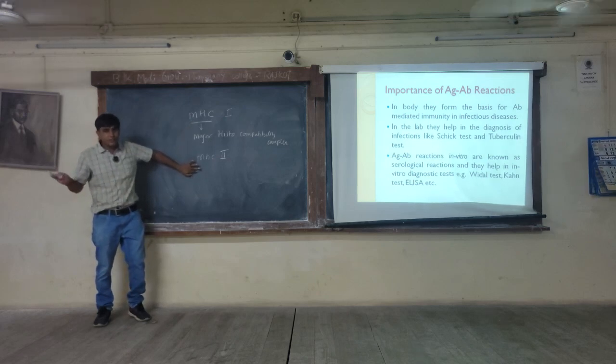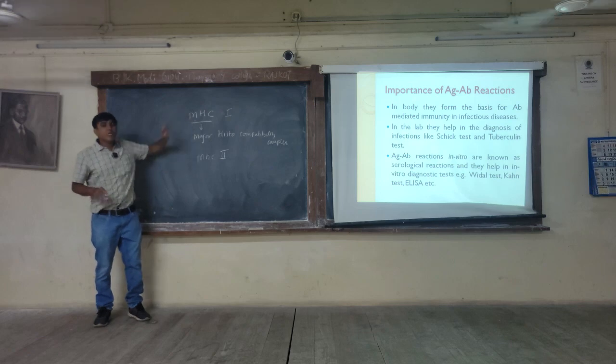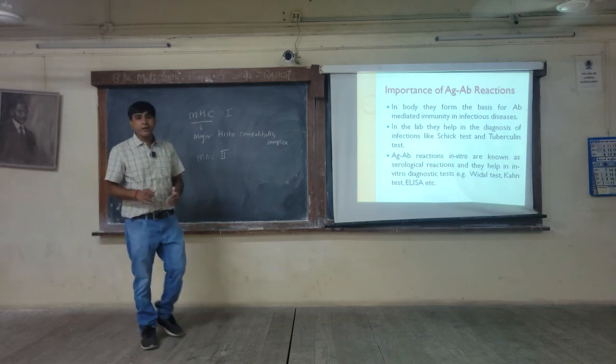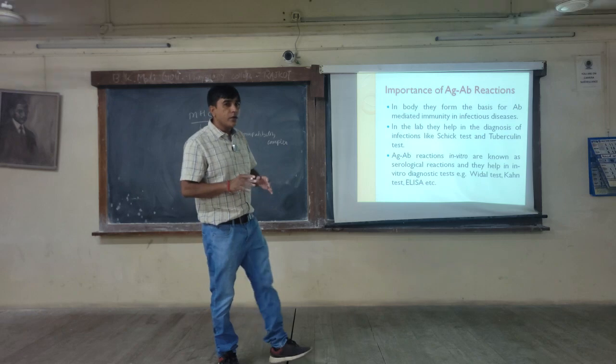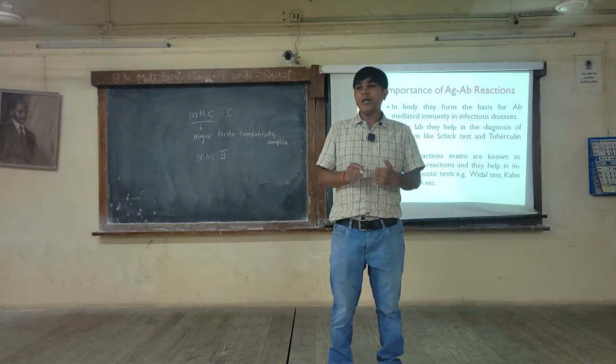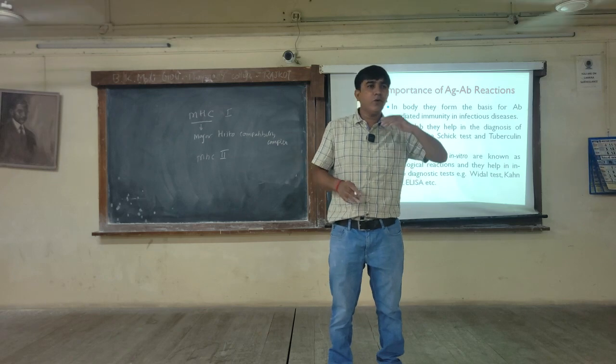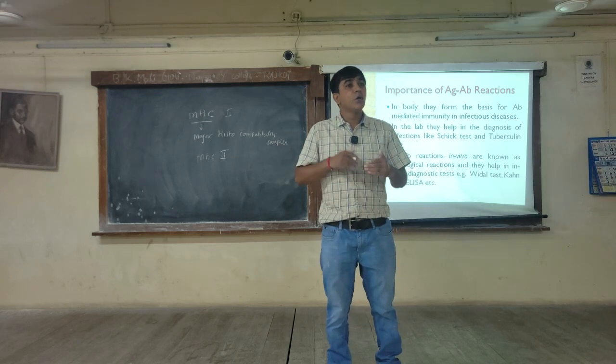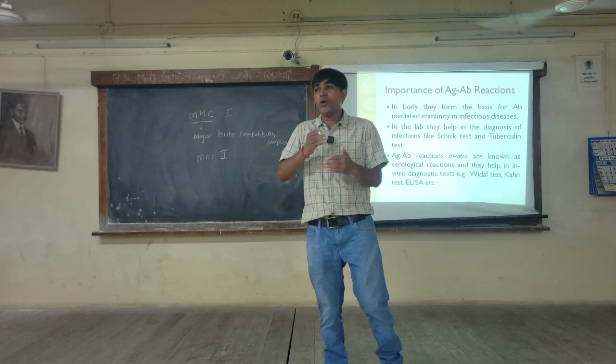that is, T cells. Okay, now this MHC1 will make the individual, we can say, immune against all kinds of antigens or any extraneous material. That is, our body will protect our own cells.